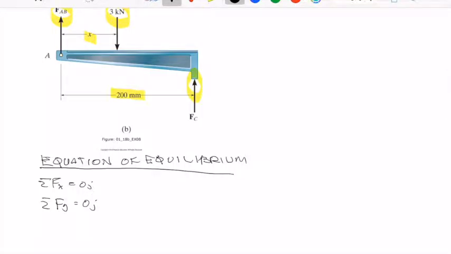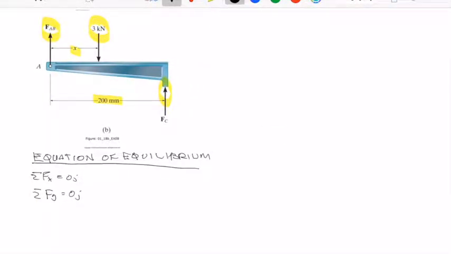And since this member AC is in equilibrium, we can also do the summation of moments at point A equals 0. Since there are no forces in the x direction, we cross it out, and we do the summation of forces in the y direction.